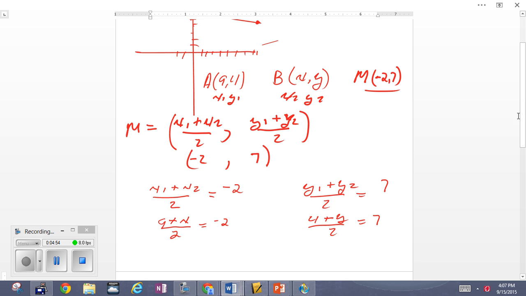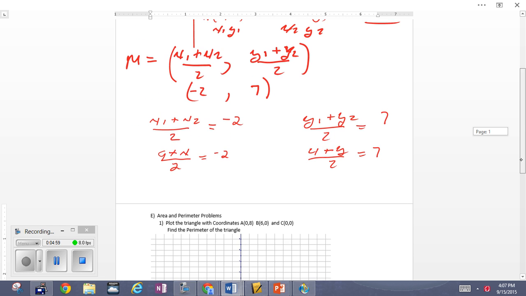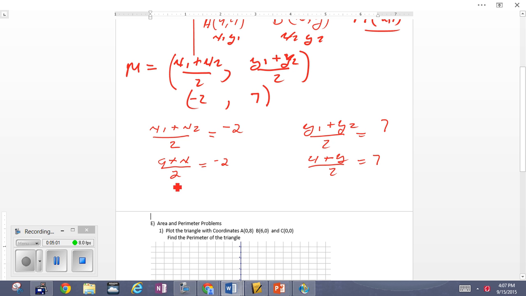Now I have my two little equations, and I can solve for these. To solve, cross multiply to get rid of that fraction. It gives me 9 plus x equals, when I cross multiply, negative 4. Now I can solve that by subtracting 9 and get x equals negative 13. Now here, I can solve for y.